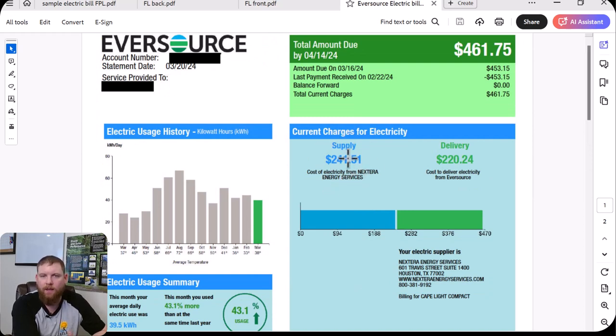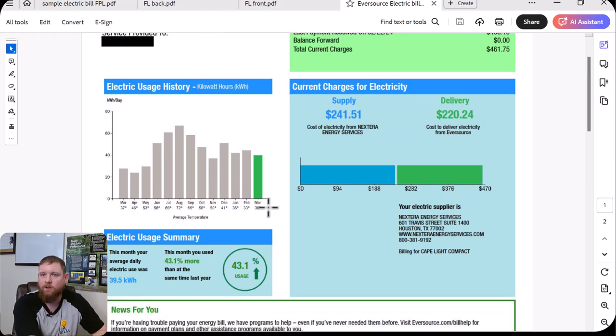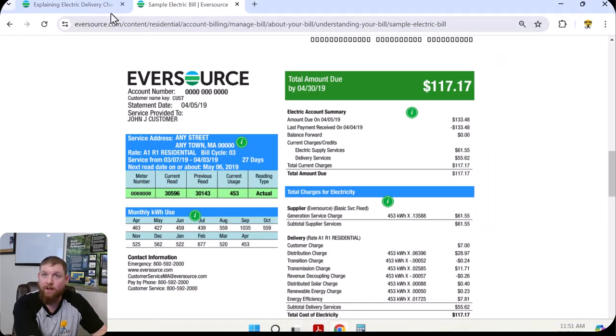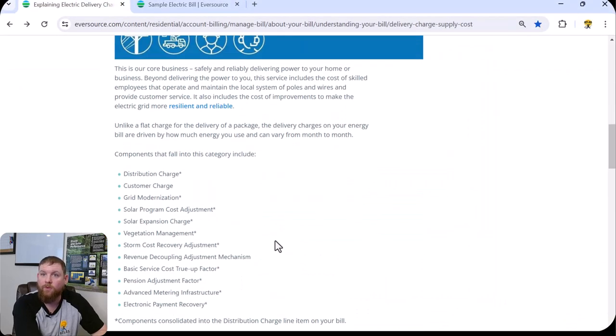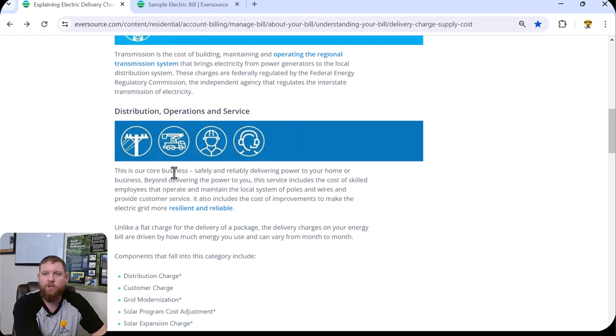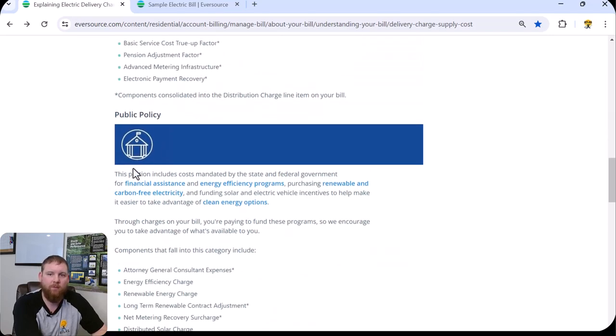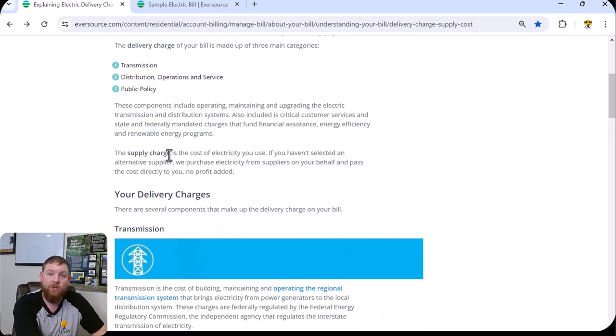So any increases or decreases are going to be noticeable on your supply, because again, the cost of fuel is going up or down. The delivery is fairly constant in my experience, because the charges that don't change as often are the distribution, operations, service, maintenance, public policy, and the transmission cost.